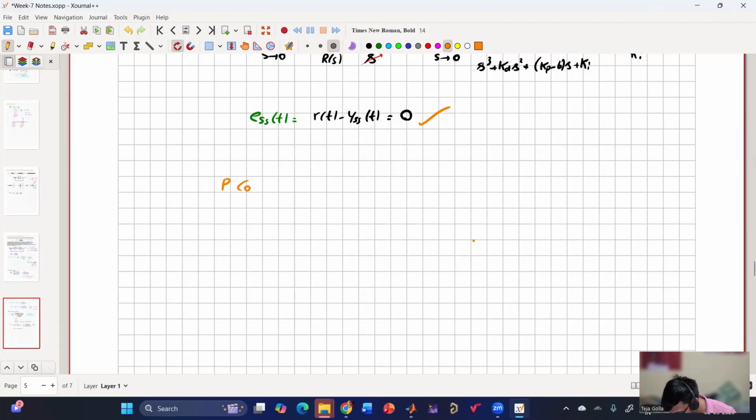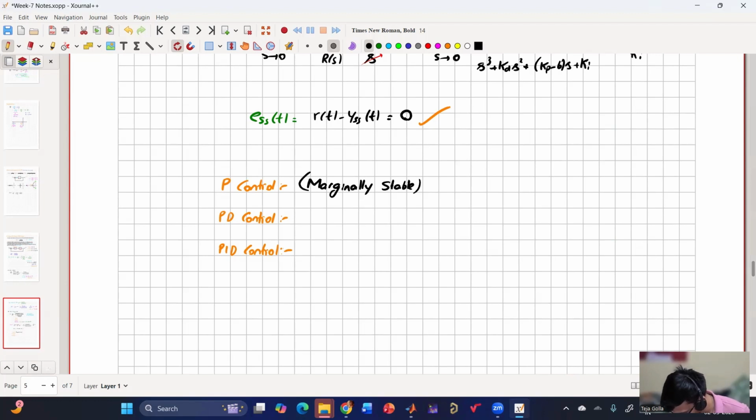So if we quickly summarize, depending upon our requirement, we have to choose the control. Sometimes the control that we are choosing may not be sufficient. Sometimes it needs some additional term in the control so that it can be achieved. If you use P control, the maximum you can do is marginally stable, but you cannot have LHP closed loop poles.